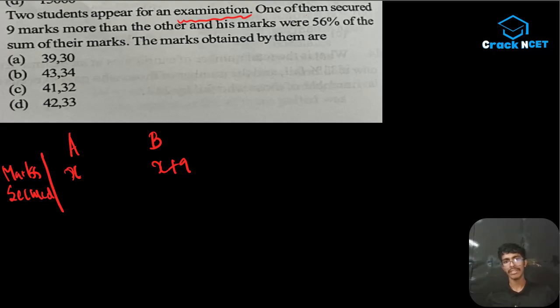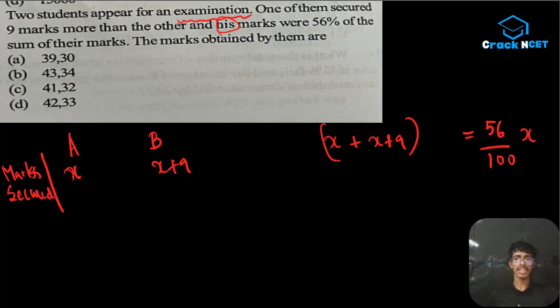The other secured X plus 9. And his marks were 56% of the sum of the marks. He is talking about X, he is talking about A, so his marks.